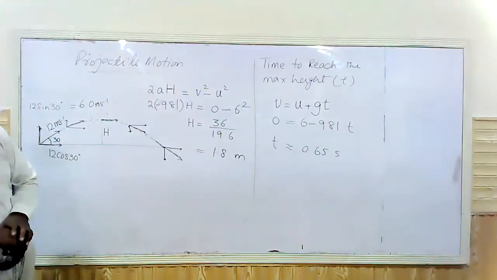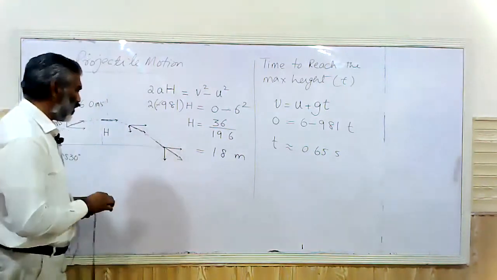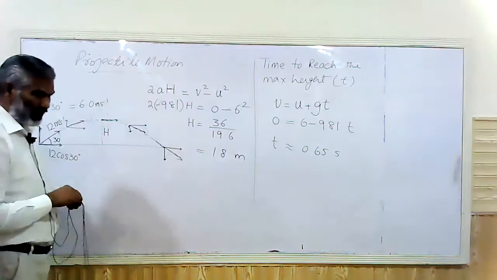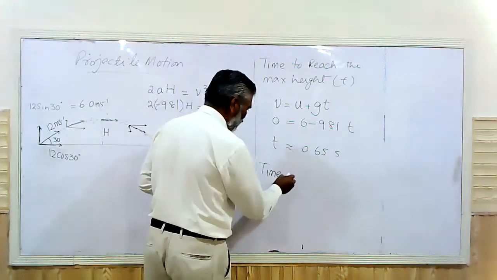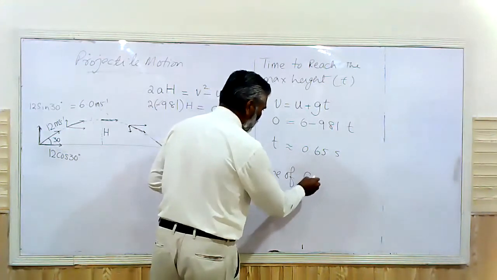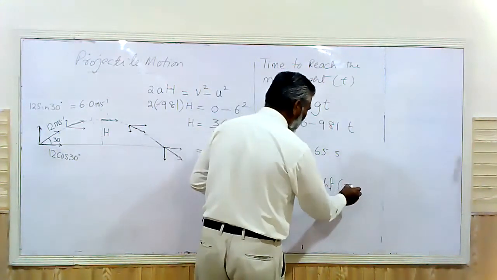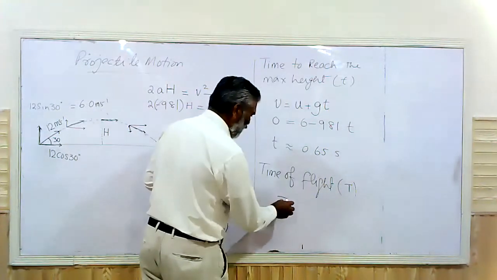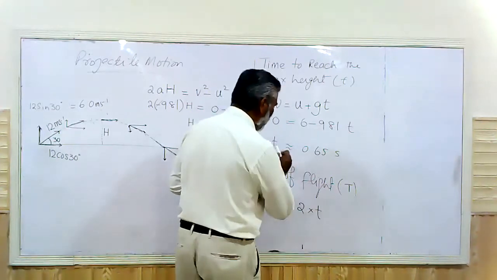And in order to calculate the time of flight, the time for which the object has remained in the air, that is time of flight, let me take this as capital T. So capital T is simply 2 times small t.